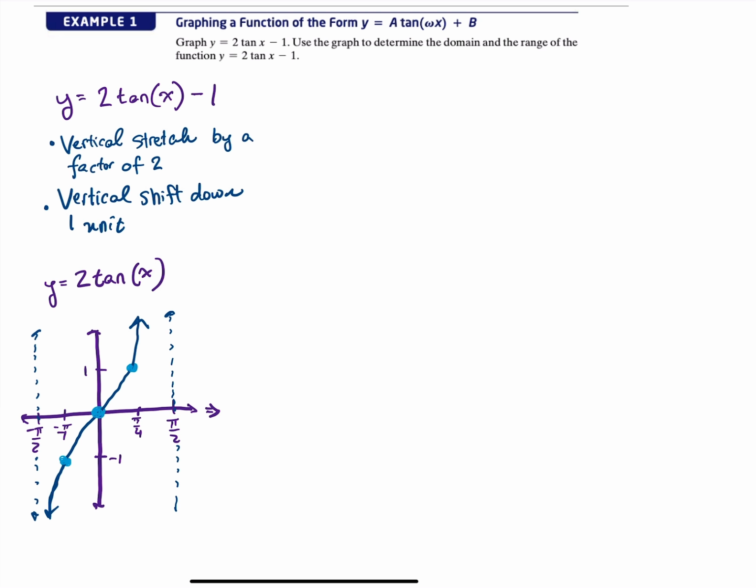And instead of 1 and negative 1, I'll just relabel this. Let's say there's a point in between, and this is positive 2, and this is negative 2. A lot of these end up just being relabeling of our axes. So let me label these points. This would be pi over 4, positive 2. This would be negative pi over 4, negative 2, and we still have the point 0, 0.